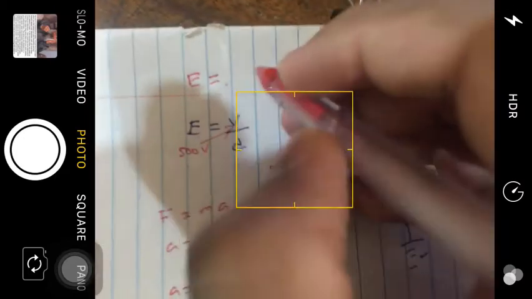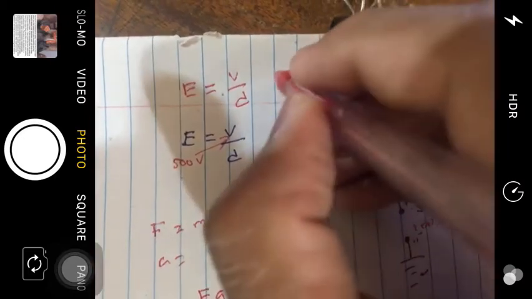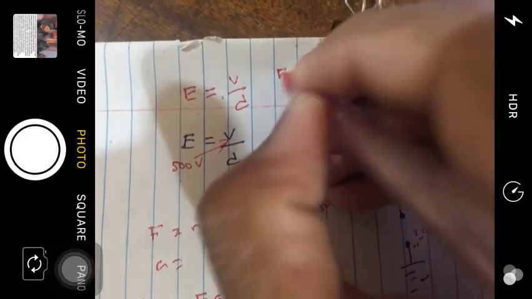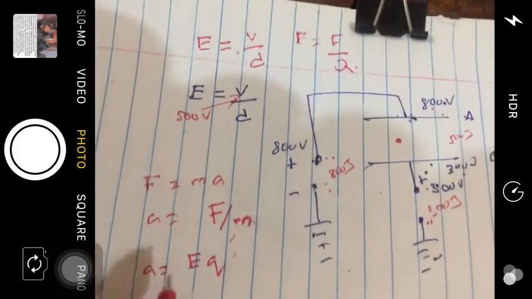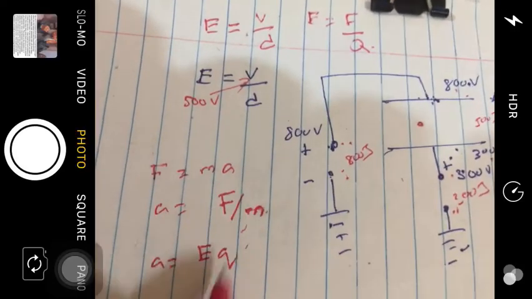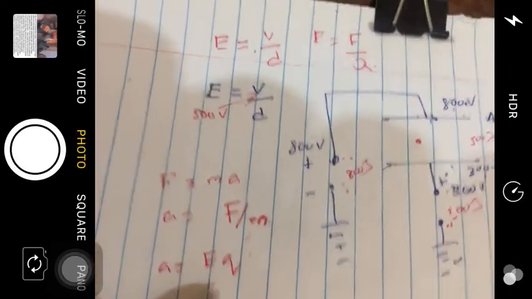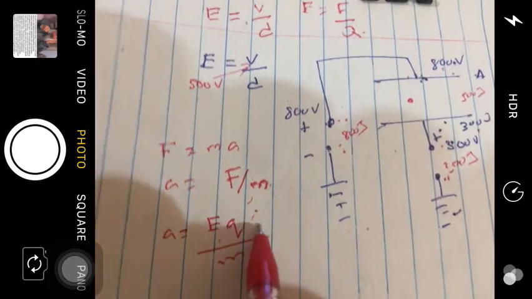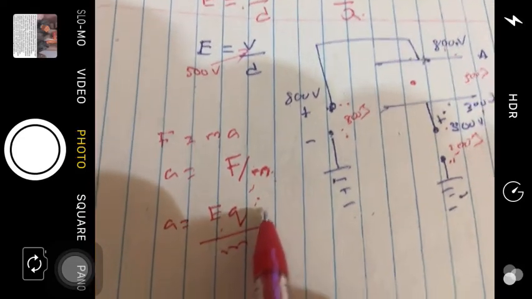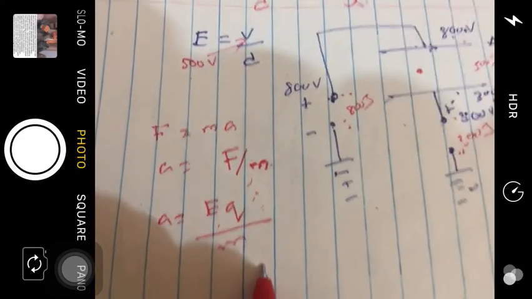There are two equations we learned in electric field: E is equal to V over d, and E is equal to F over Q. We have written these equations many times while doing the structured questions. So acceleration equals F over m, where the force is the electric force EQ. The charge of the proton is the charge of the electron, and the mass, you can get from the exam paper.